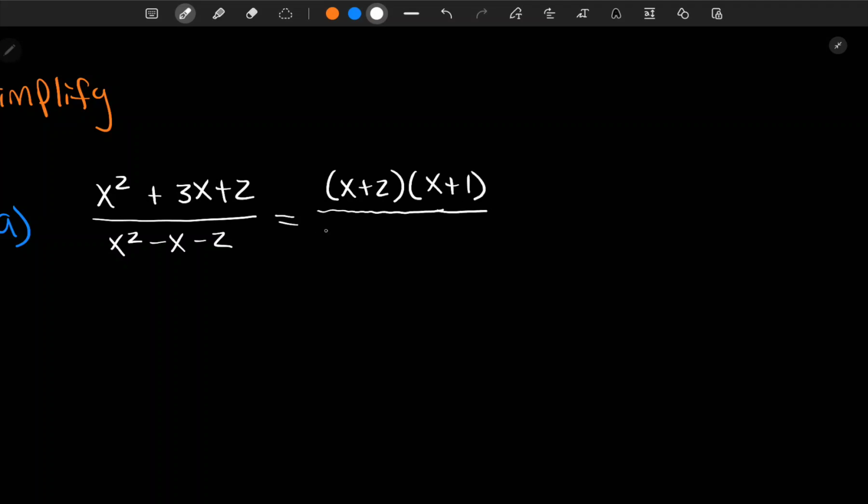And the denominator is (x - 2)(x + 1). Well, we notice right away that we can cancel x plus 1 on top and x plus 1 on the bottom, which leaves us with (x + 2) over (x - 2).